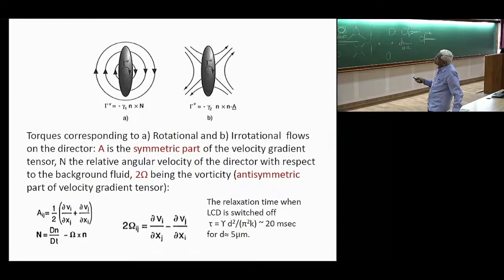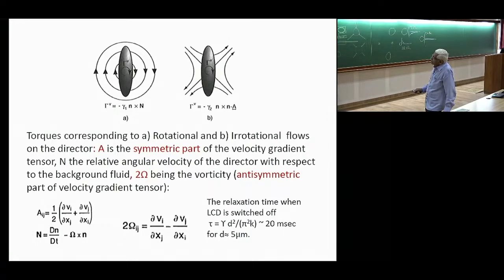And this torque is given by some coefficient gamma 2 into n cross n dot A. A is a tensor. The other one is connected with the antisymmetric part, and that is, you see, written here, antisymmetric part.